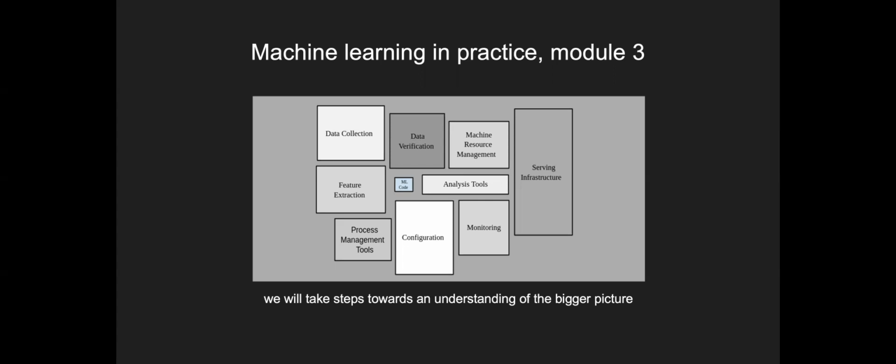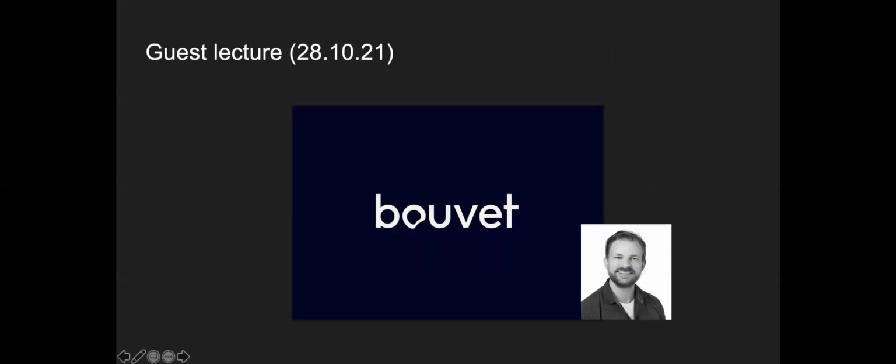Real world machine learning production systems are a large ecosystem. And as I mentioned in the beginning of the course, it's not possible to cover all these components. But we're going to take some steps into that.